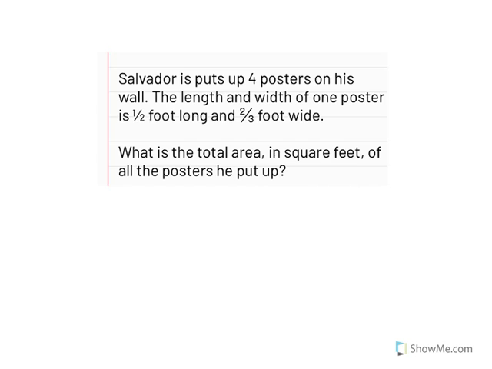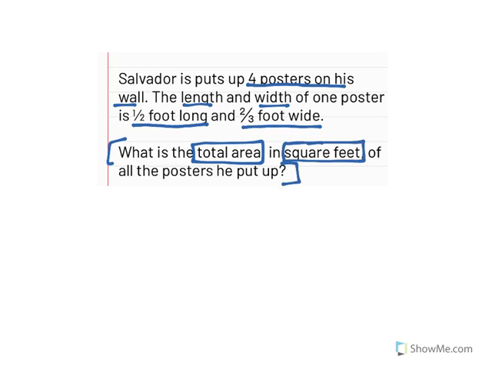Let's look at another word problem here. This says Salvador puts up 4 posters on his wall. The length and width of one poster is 1/2 foot long and 2/3 foot wide. The question asks, what is the total area in square feet of all the posters he put up?